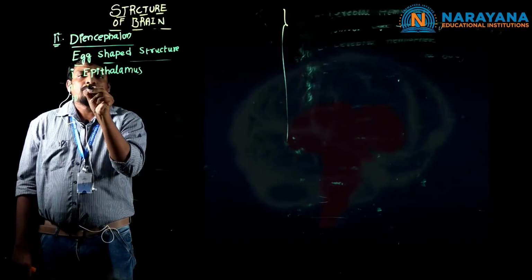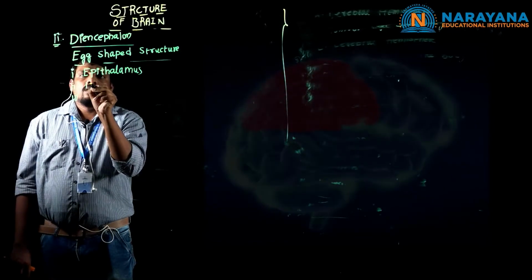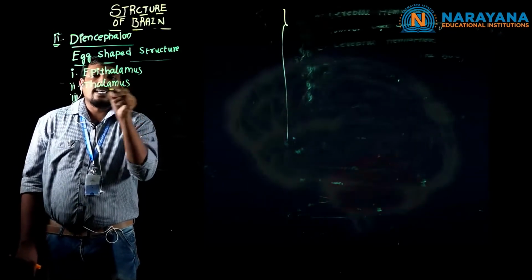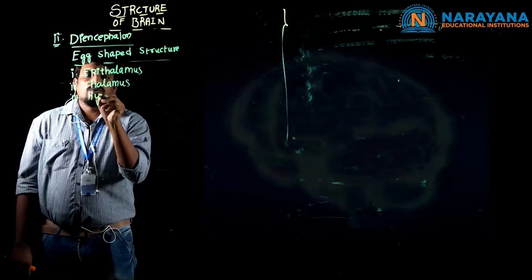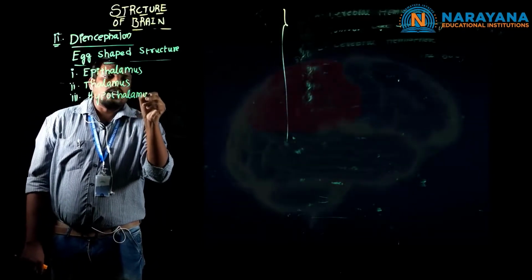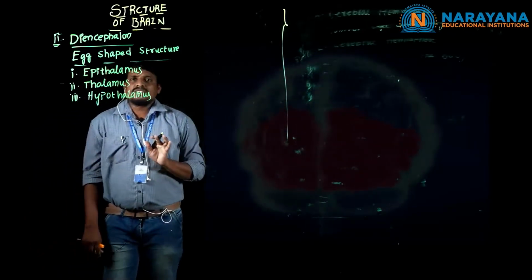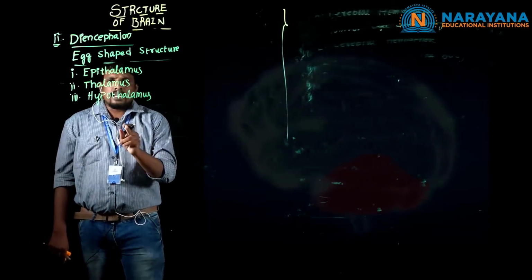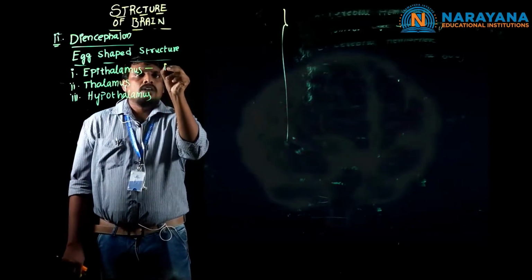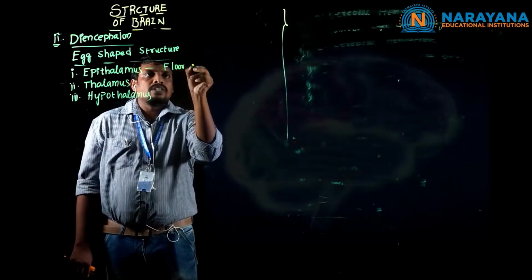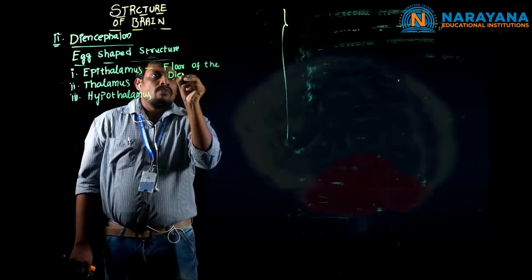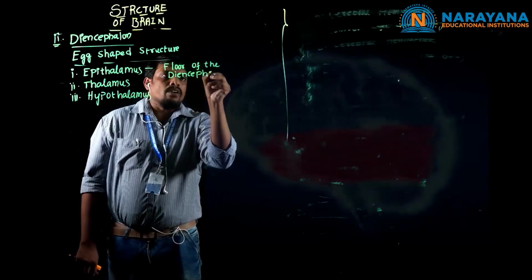Middle one, thalamus, and innermost layer is called hypothalamus. So, what are the functions of this epithalamus, thalamus and hypothalamus? Epithalamus is the floor of the diencephalon.